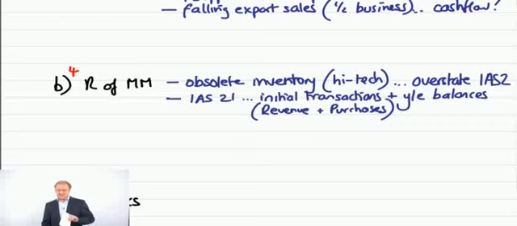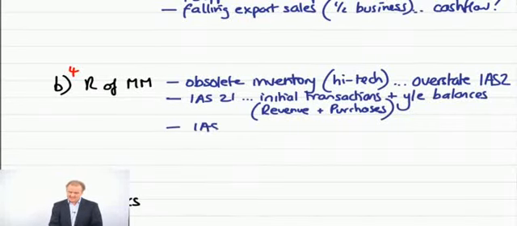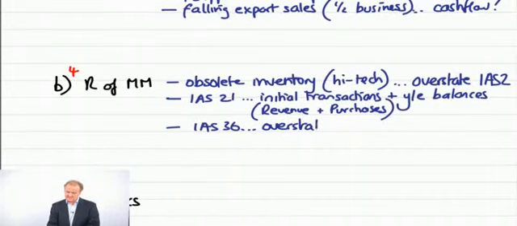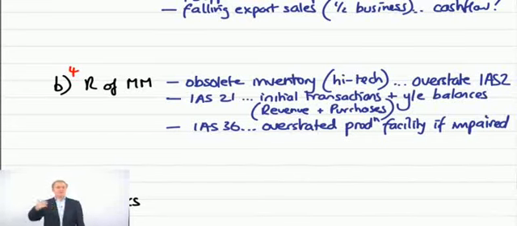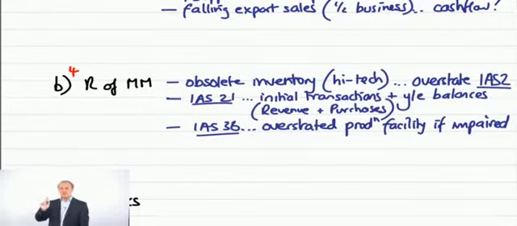Risk of material misstatement, IAS 36, an overstated production facility if it's impaired, which it looks like it might be. The value of any asset is the revenue, the profits it generates. If those profits, revenues, whatever are falling, it suggests the underlying asset is potentially impaired. So we've already got 3 accounting standards showing you the importance of knowing your accounting rules.